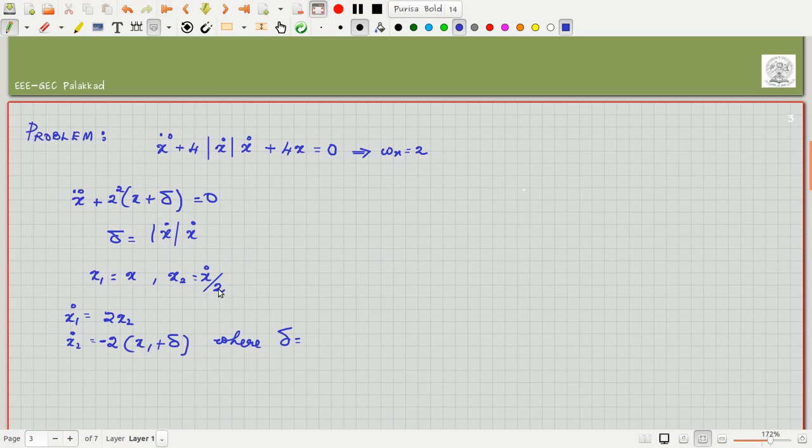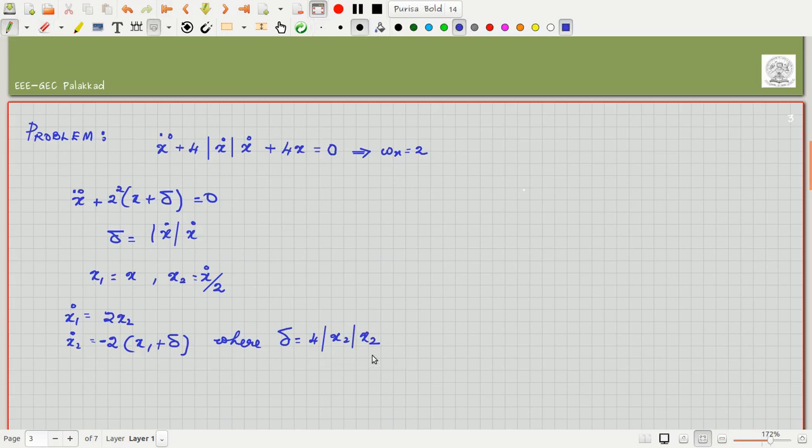So delta would be 4 times modulus of x2 into x2. Note that the dot is not there in the delta expression; I made a mistake earlier.